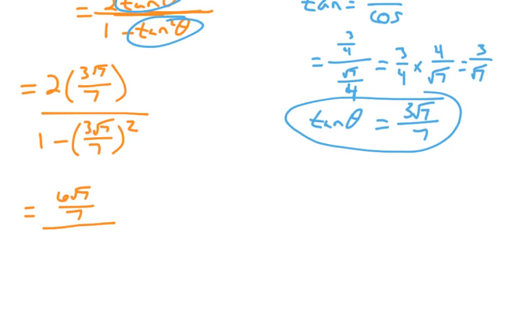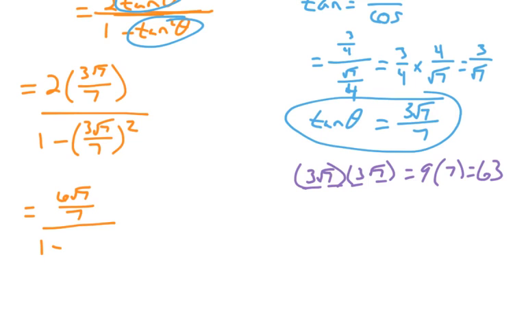The denominator becomes 1 minus, and I'm going to do this off to the side, 3 square root of 7 times 3 square root of 7: 3 times 3 is 9, and square root of 7 times square root of 7 is 7, so that's 63. So the numerator of this small fraction, after we square it, is 63, and the denominator, 7 squared, is 49.